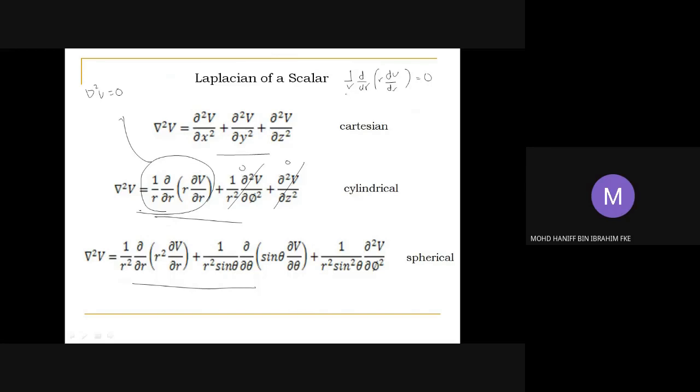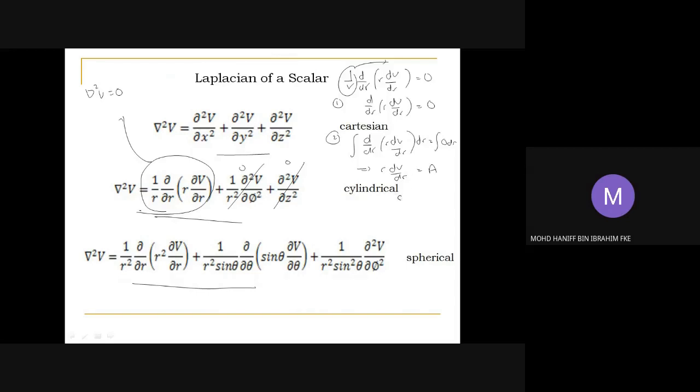I do it step by step. Step number 1, we bring this to the right, so we have d over dr, r dV over dr equals 0. Step number 2, we integrate both sides. We integrate d over dr of r dV over dr, and the integral of 0 dr gives us r dV over dr equals a constant. Hopefully you understand this.